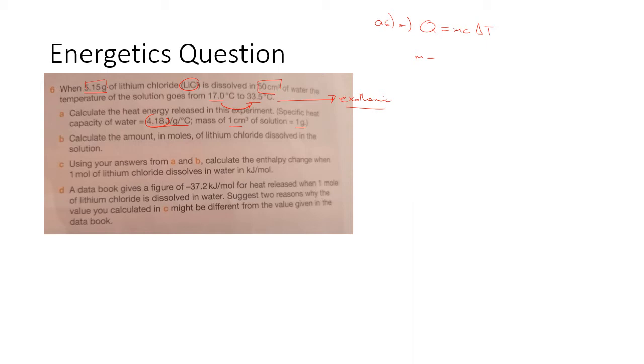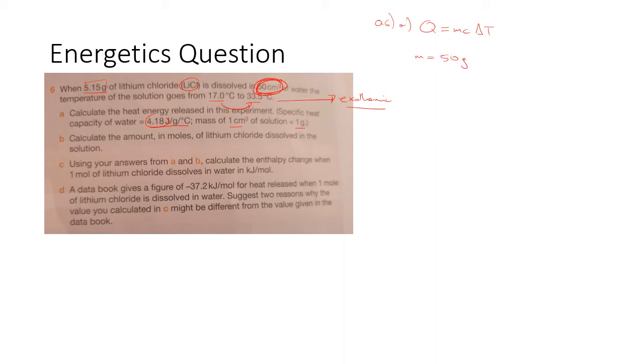But for the purpose of the IGCSE syllabus, we're just going to use the 50 centimeters cubed of water, and this 5.15 grams of lithium chloride can be ignored in this question. So, given that we've got 50 centimeters cubed of water, and that 1 centimeter cube is equal to 1 gram, we have 50 grams.